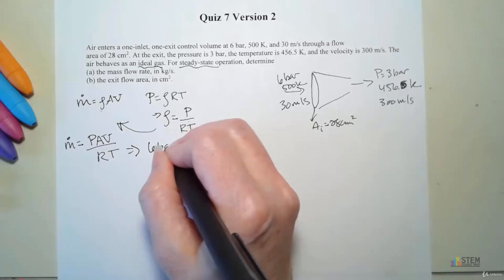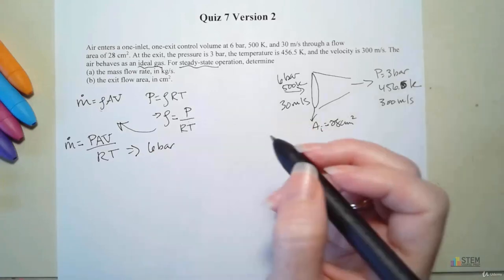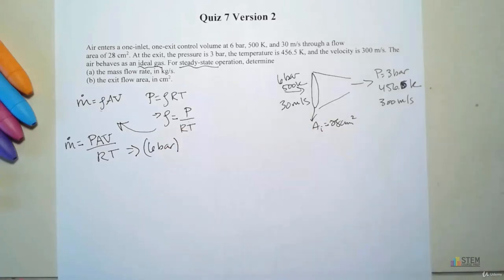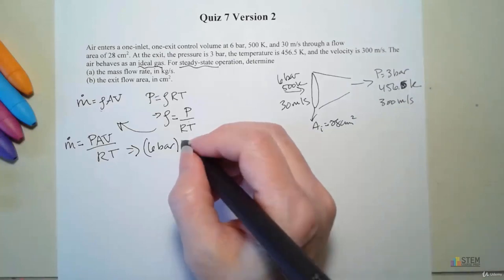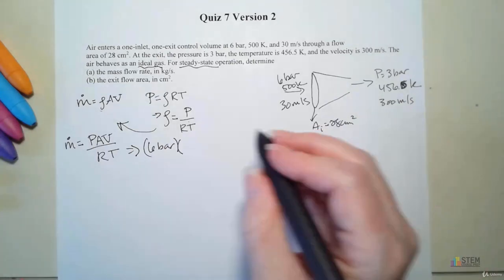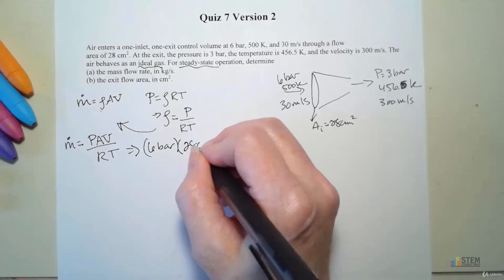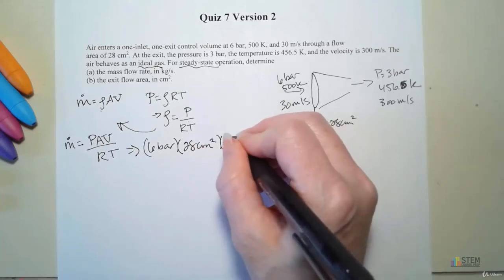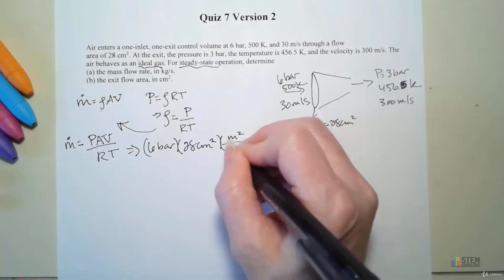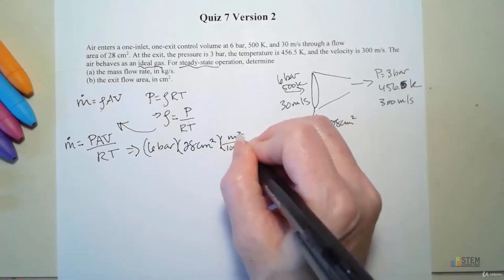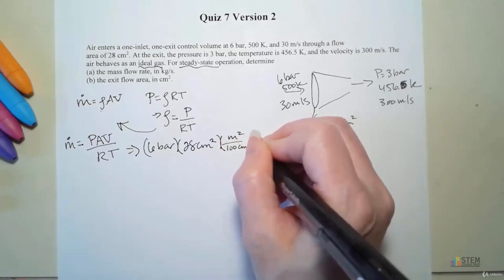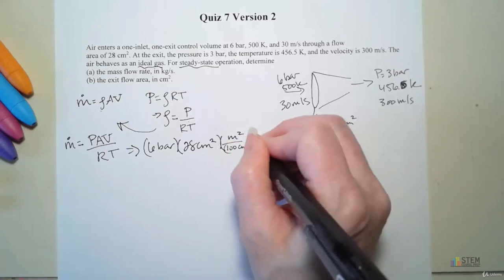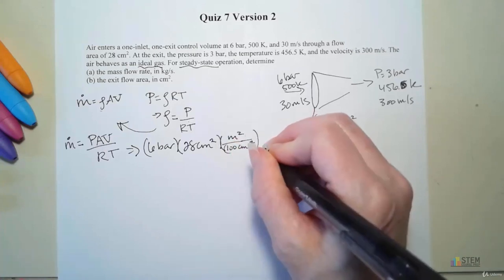Pressure is 6 bar, and the area is going to be 28 centimeters squared. Let's convert from centimeters, we don't want to leave that in there. So one meter squared is equivalent to 100 centimeters squared.